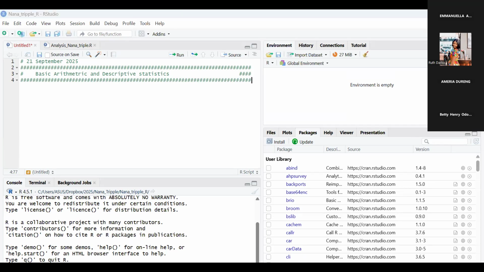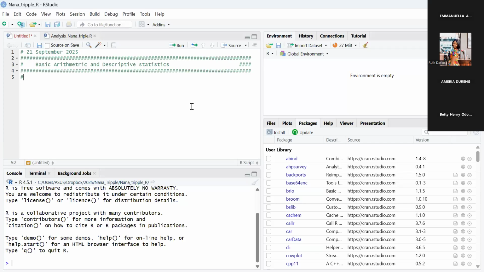With that, we went further, and I said, let's start with the operators. In R, there are some basic operators you must know.